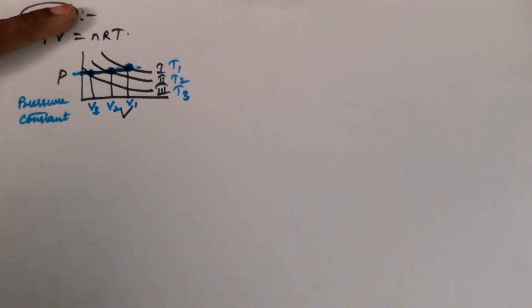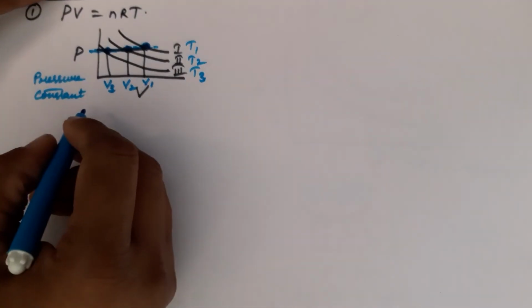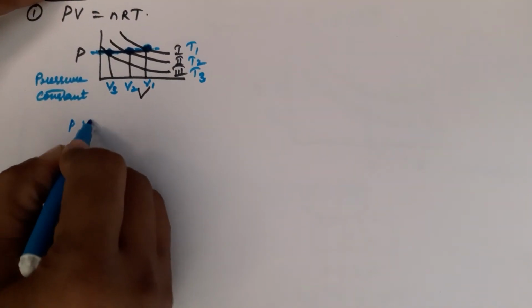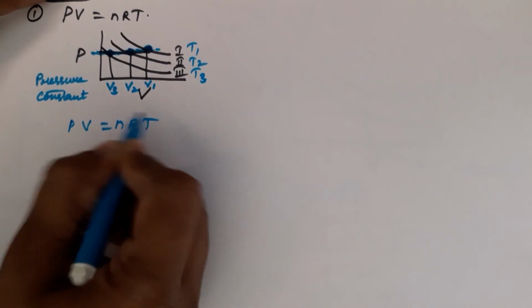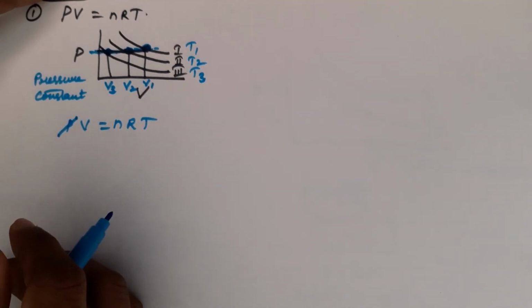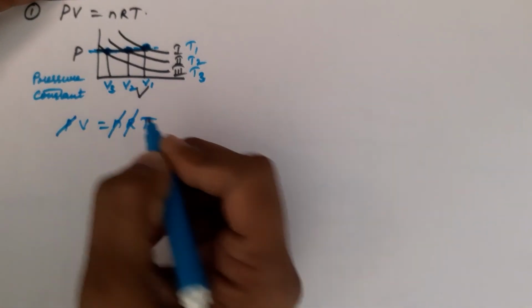According to the ideal gas equation, PV is equal to nRT. Pressure is constant, and the number of moles is constant. I am striking off the constants.